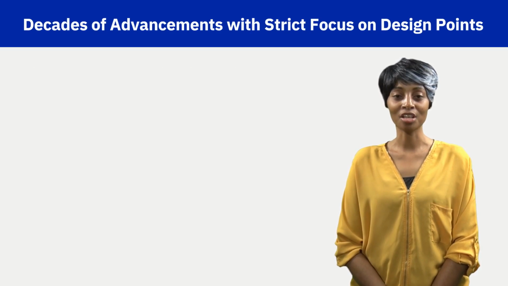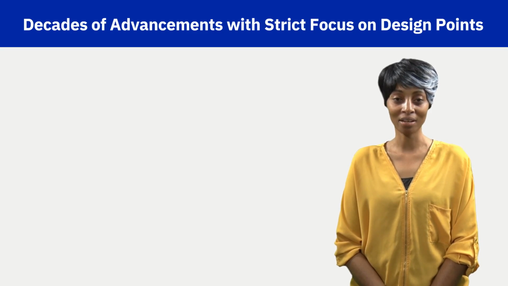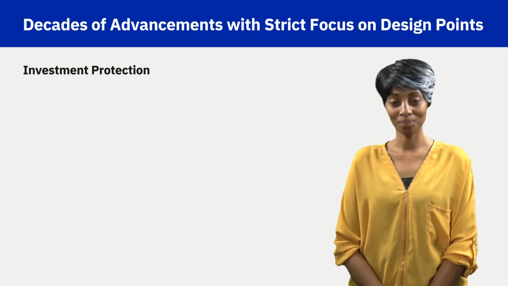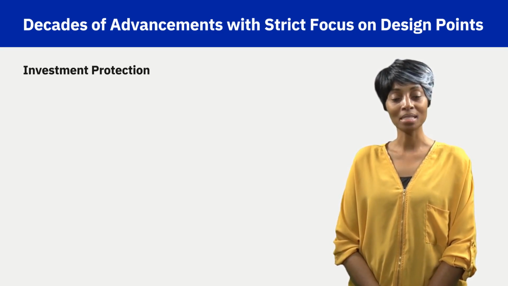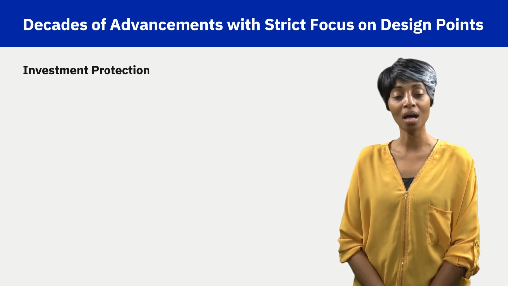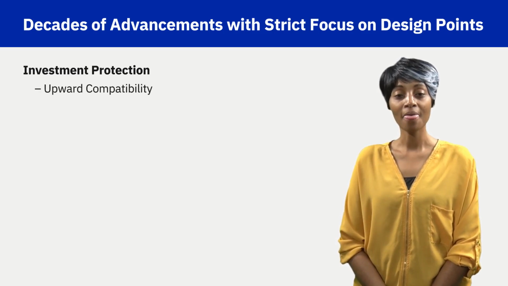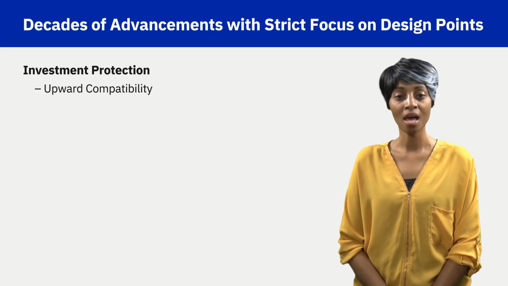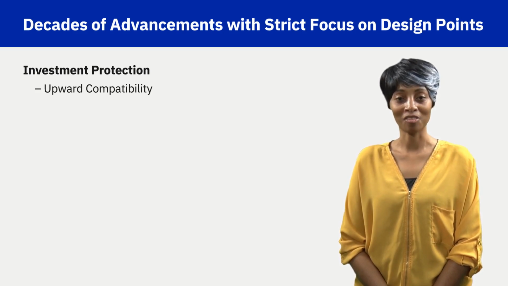Each new generation of IBM mainframes follows a strict adherence to a design criteria that large enterprises now expect and rely upon. IBM design foresight included upward compatibility. This means business applications initially written years ago will work on future generations of IBM mainframes.